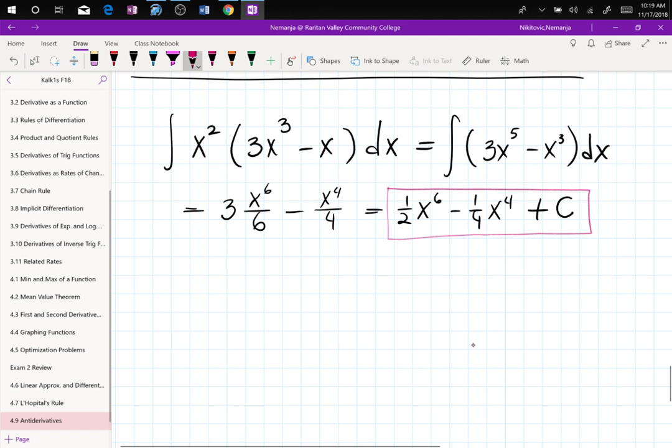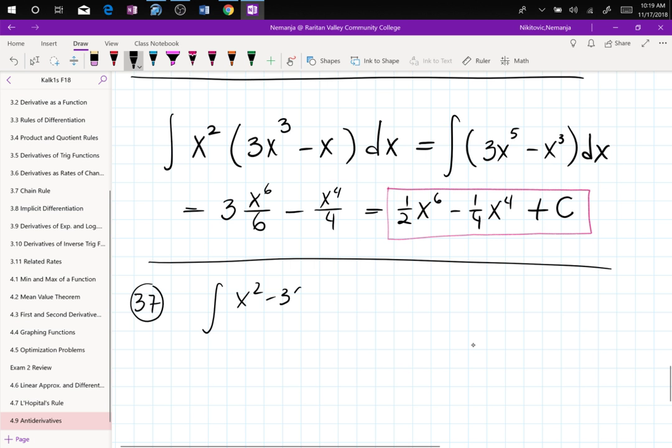So they give you, this is problem 37. Integral x squared minus 36 over x minus 6 dx. You immediately see what you're supposed to do, right?